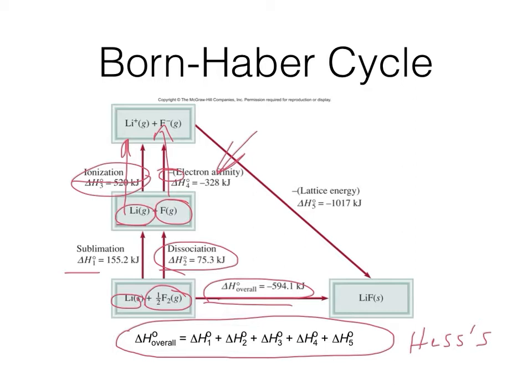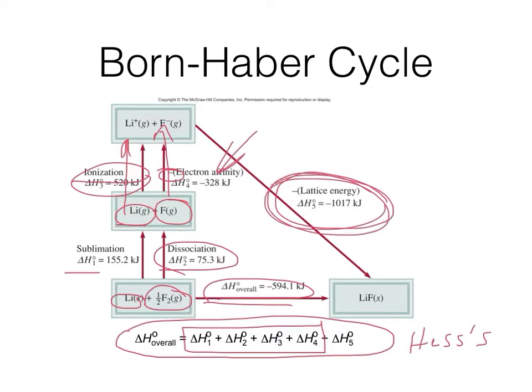Now, if you were to just add those 4 pieces up, what you would see is a positive delta H, meaning it would be endothermic, highly endothermic, 500 kilojoules per mole. But the energy of the electrostatic interaction, that lattice energy, which again is a negative value because it's an attractive force, is negative 1017 kilojoules per mole.